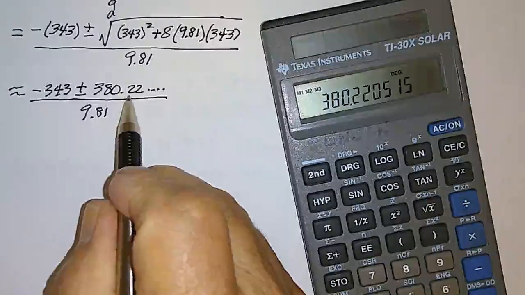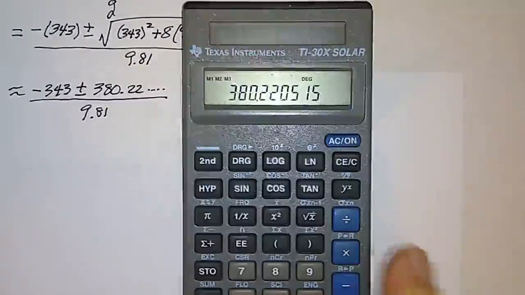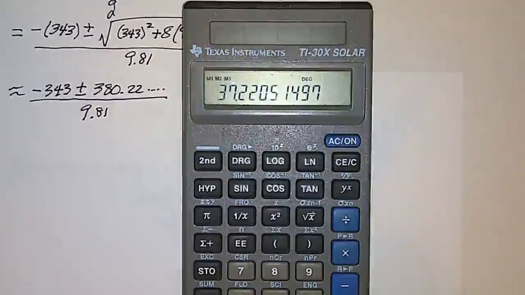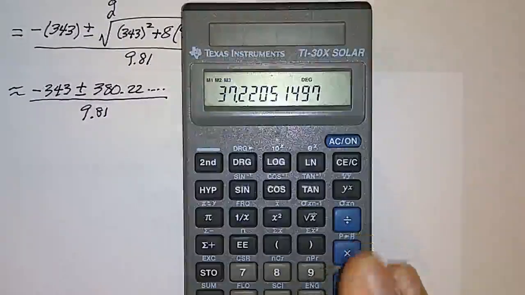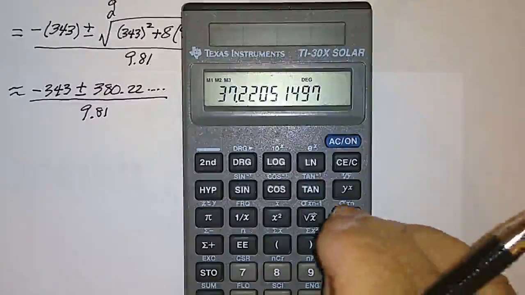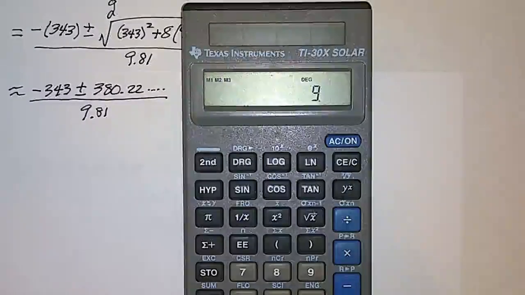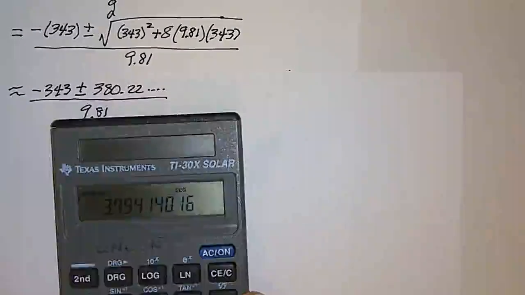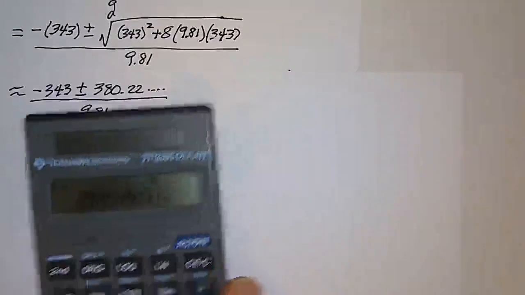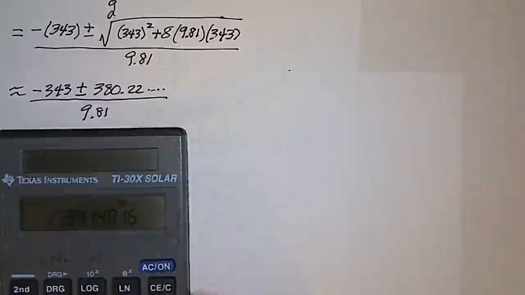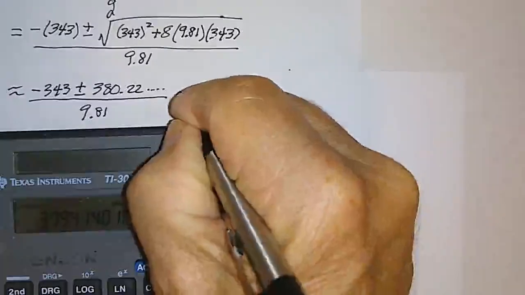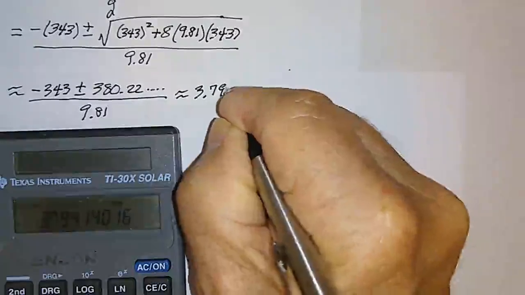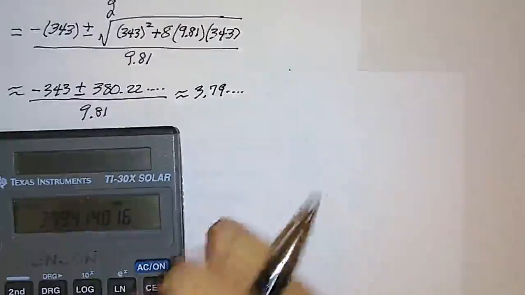So 380.22 minus 343 equals 37.22 plus some digits divided by 9.81 equals, and that comes out to be about 3.79 seconds, approximately 3.79 seconds plus some extra digits.